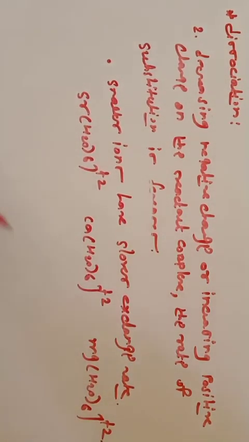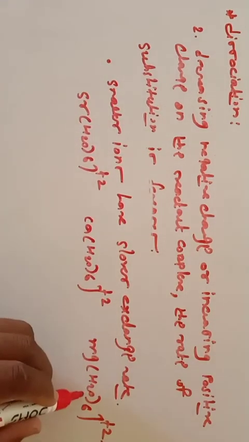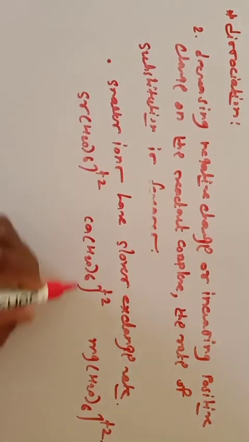So the oxidation state on these complexes is the same, which means the factor of decreasing negative charge or increasing positive charge is not applicable here. We know that as the oxidation state of the metal atom increases, the rate of ligand substitution decreases. But in this case all these metal atoms are in the same oxidation state, +2, +2, +2.